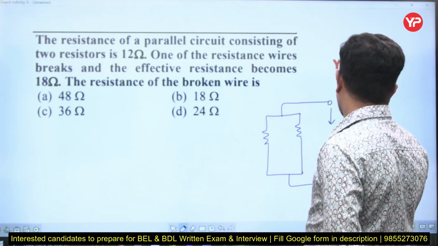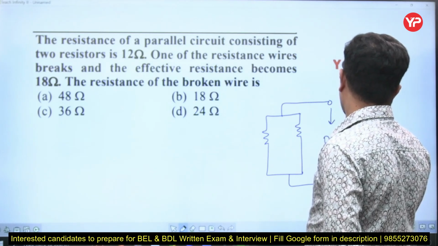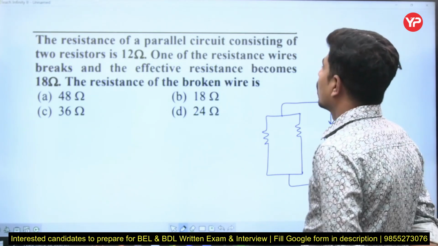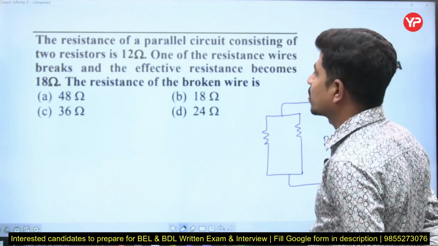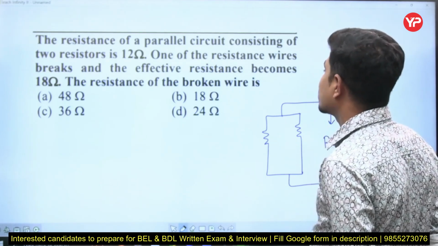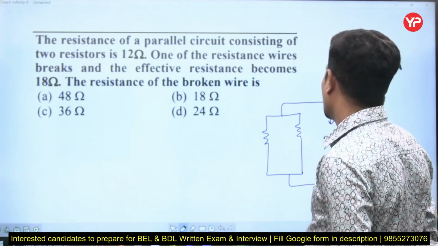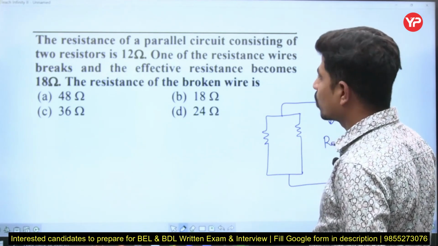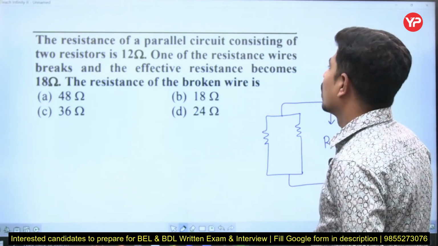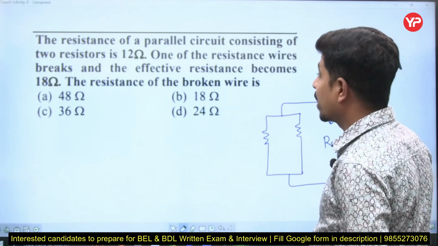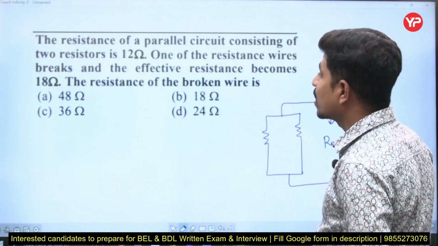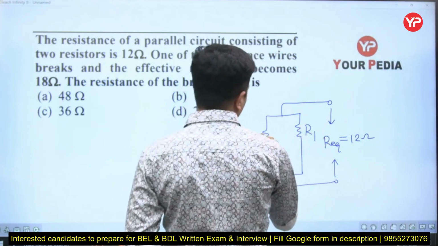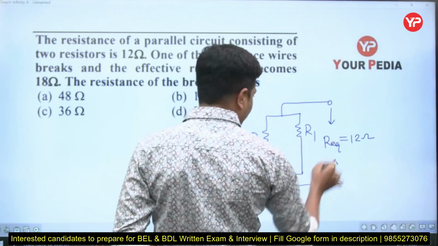R equivalent is equal to 12 ohms. One of the resistance wires breaks and the effective resistance becomes 18 ohms. So this is some R1, this is some R2, then R equivalent is 12 ohms.